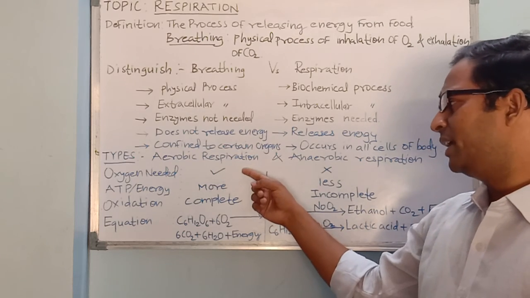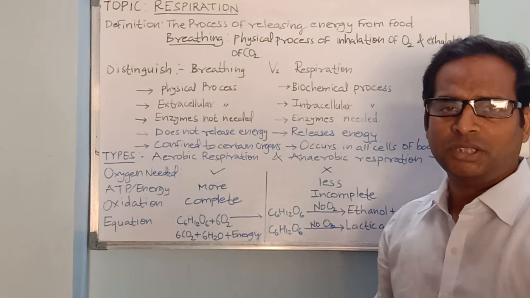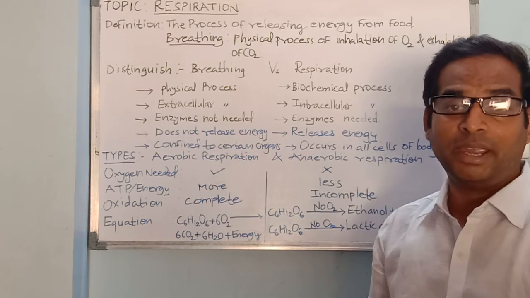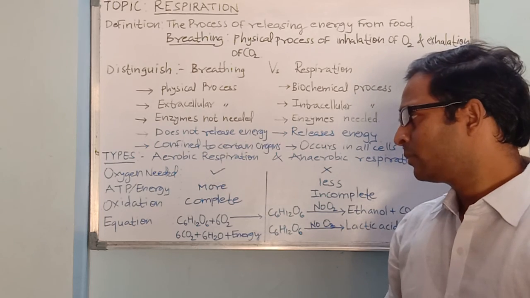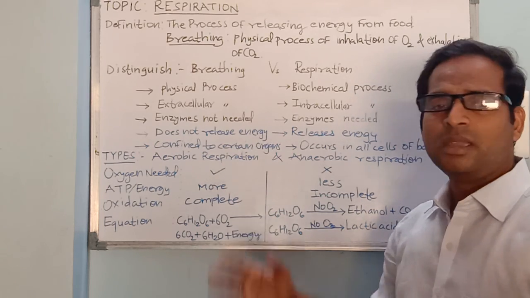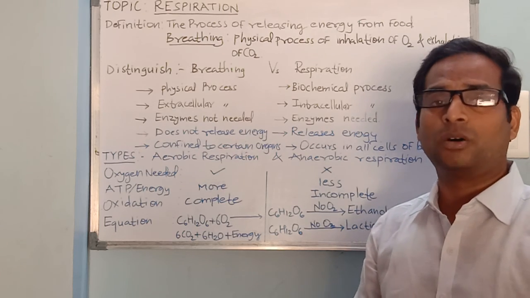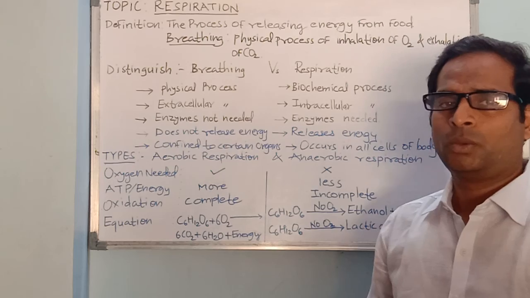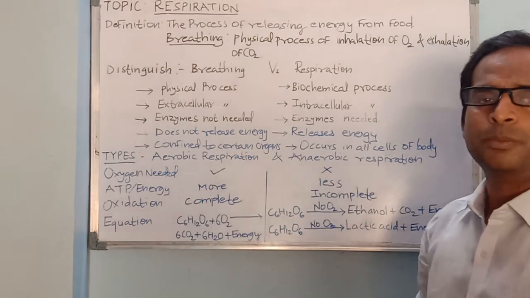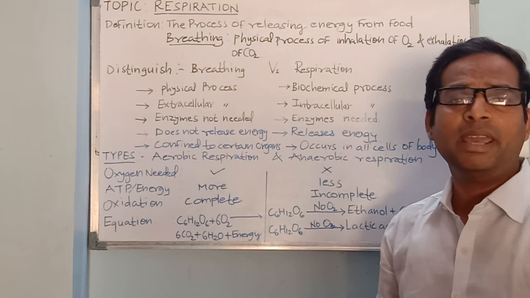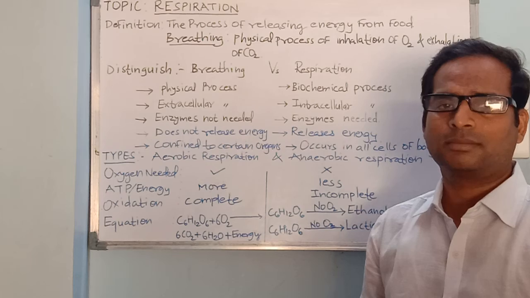Now aerobic respiration produces more energy in the form of ATP, adenosine triphosphate. That is, 38 ATPs are produced when one molecule of glucose is completely oxidized. Whereas in anaerobic respiration, when one molecule of glucose is broken down, comparatively less energy is produced, that is 2 ATPs.